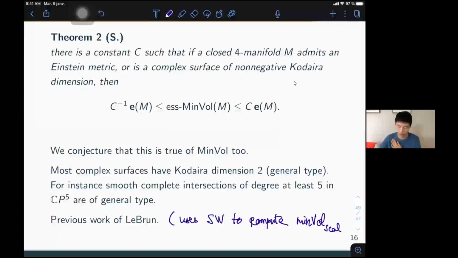The minimal volume with respect to certain scalar curvature or Ricci curvature, and it's more integral versions of the minimal volume. So it's a little bit different, and the techniques are completely different. So what about this term?